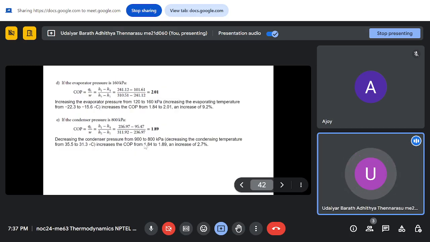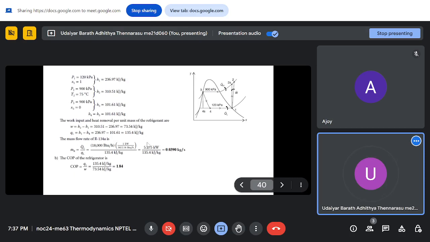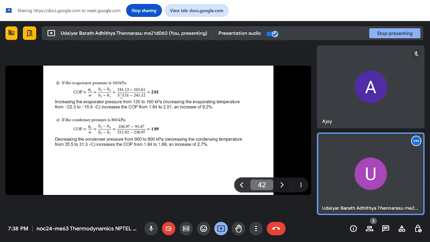Next is what happens when you increase the evaporator pressure from 120 kilopascal to 160 kilopascal. In this case, correspondingly we need to find state H1, which will come out to be 241.12, and your H4 is 101.61.